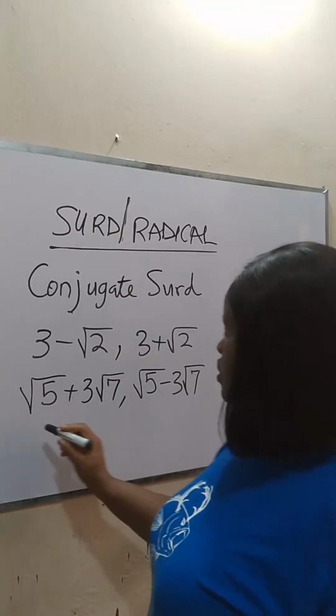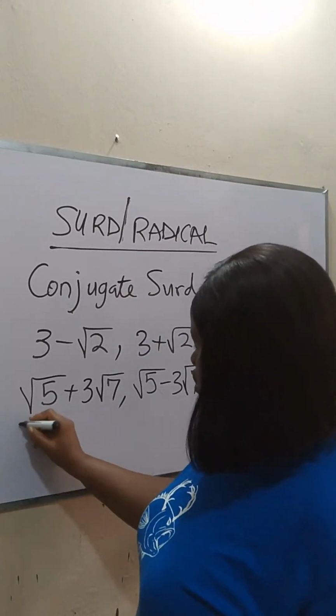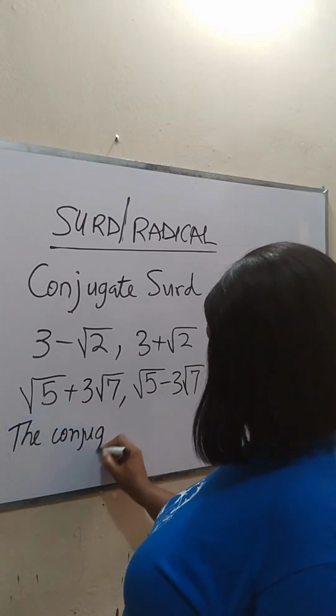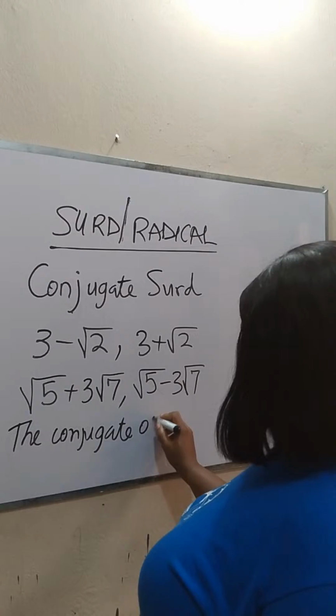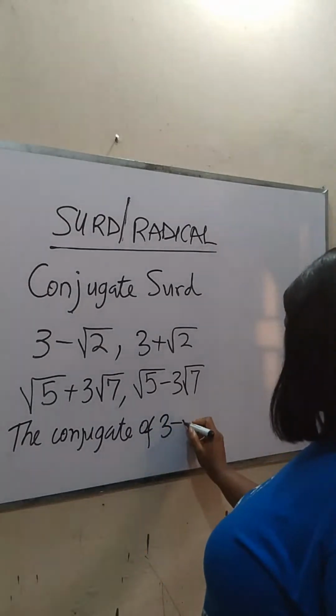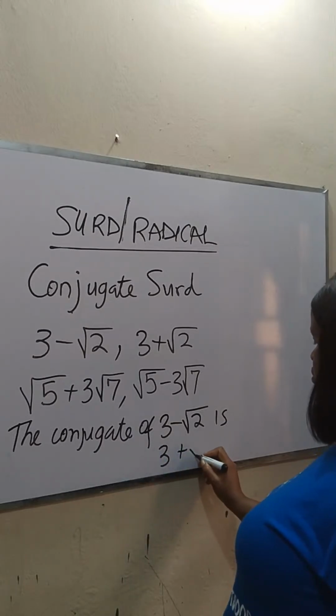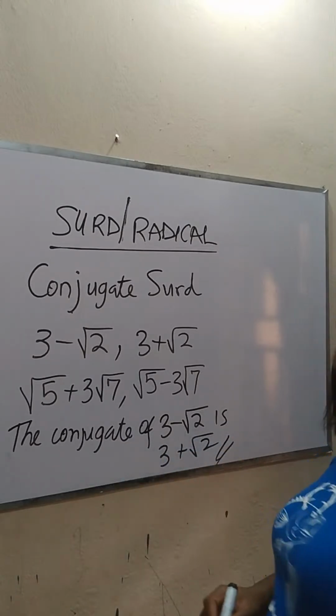Let me put it in a way you understand. The conjugate of 3 minus root 2 is 3 plus root 2. That's the summary of everything.